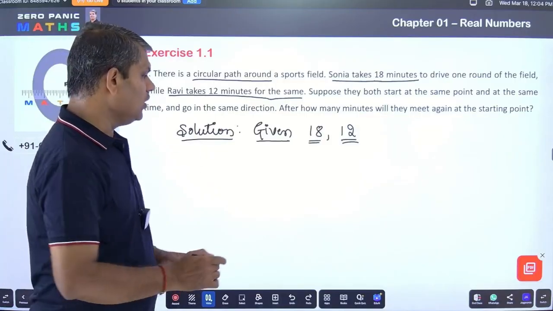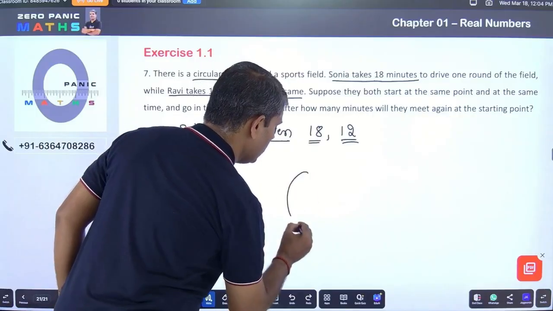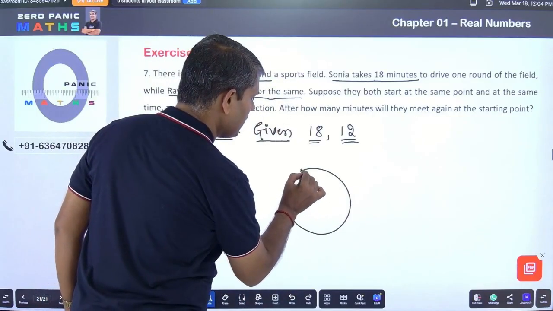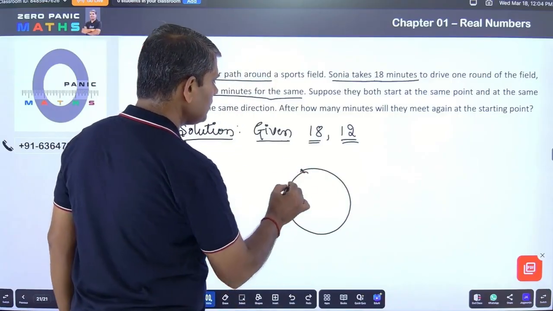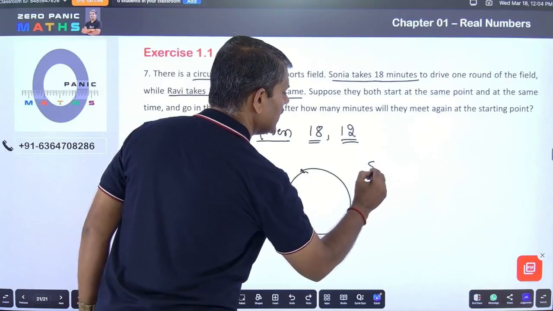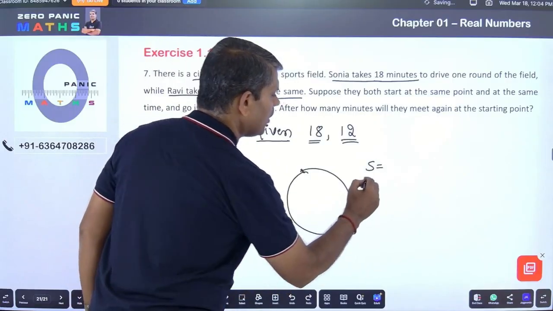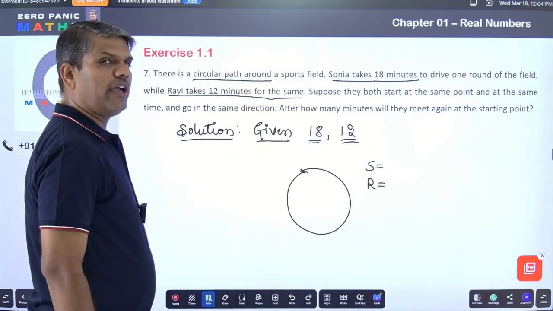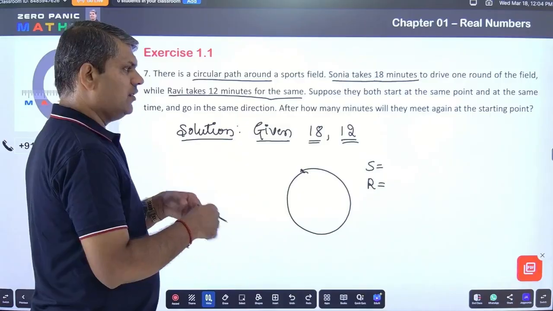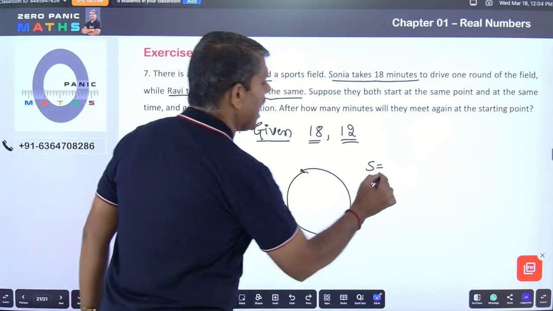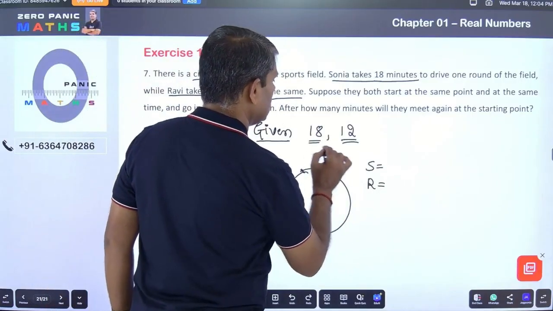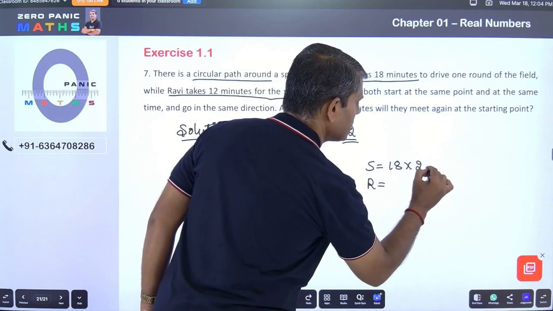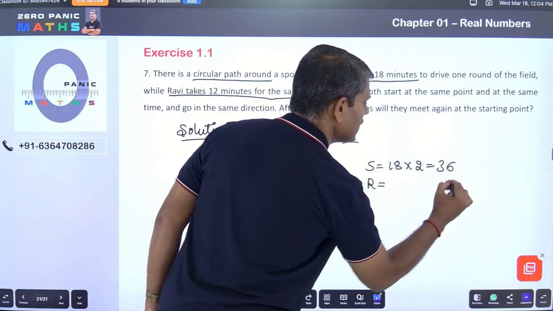Okay, so suppose this is the round circular path, then if they start at the same point, then for Sonia it is 18 minutes and for Ravi it is 12 minutes. Okay, so now let us generically say after two rounds Sonia will spend 36 minutes.